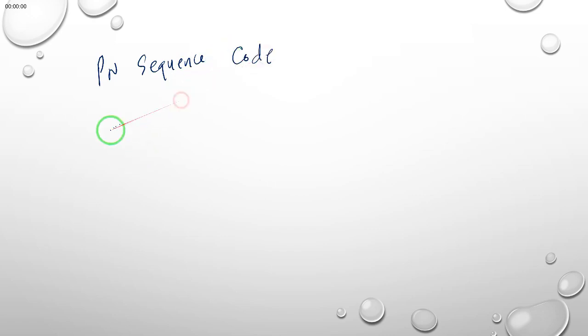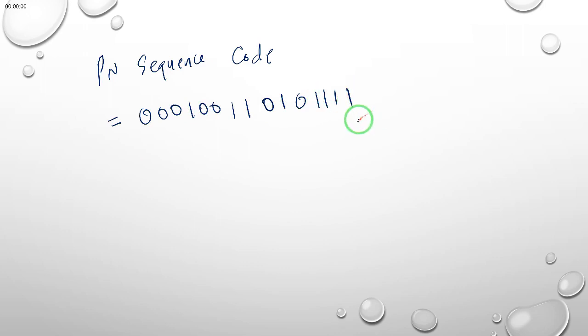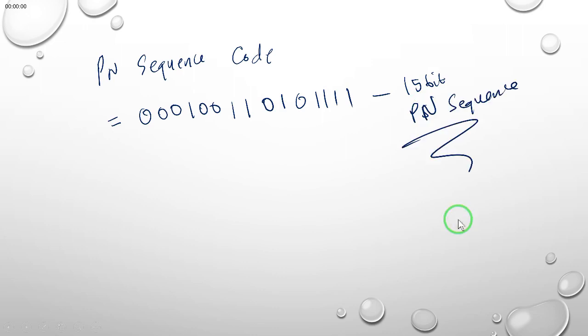The PN code is given by 0001101010111. So this is our 15-bit PN sequence, and it meets most of the randomness characteristics, and we'll see how we are going to use this code for our spread spectrum modulation.